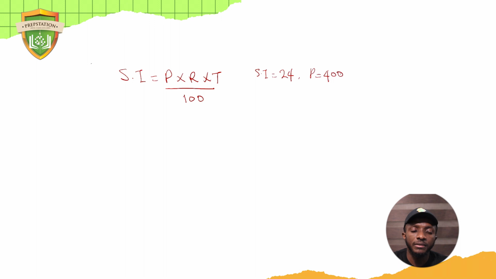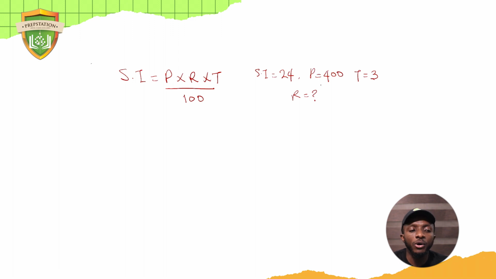If you remember the formula for simple interest, we have simple interest equals principal times rate times time over 100. Now, what are the things given? We're given the simple interest, 24 naira, the principal, 400 naira, and the time, 3 years. Okay, so the rate we're told to find. Remember that rate is given in percentage.